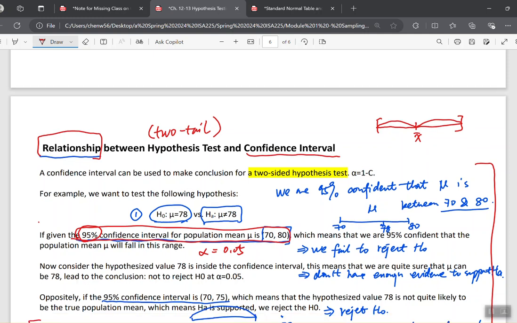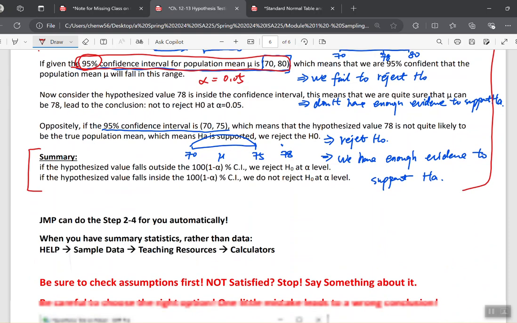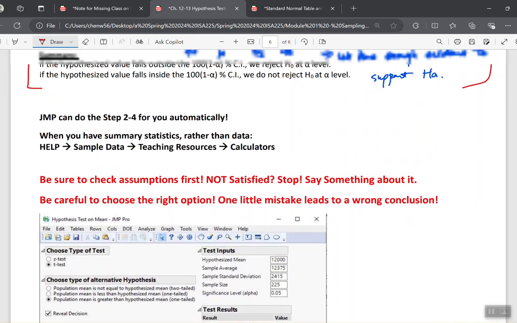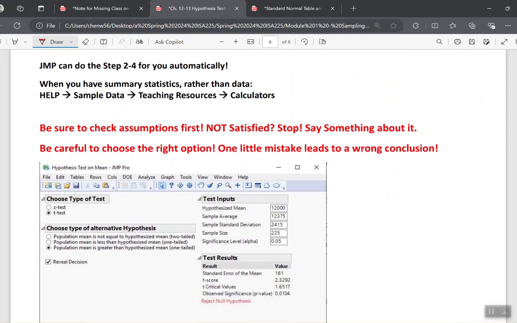All right, that will be all for this chapter. And here is something you may want to learn more about: how to do it in JMP. In this course, this is not required, right? But I just want you to try, because it will be a similar idea to using a graphing calculator, right?